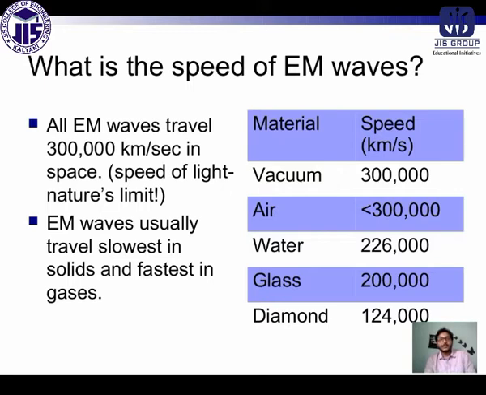And it is written over here that electromagnetic waves usually travel in fluids and solids, and fastest in glass. As we have already discussed the different speeds in different mediums, I think it's clear to us how the speed varies with different types of medium.